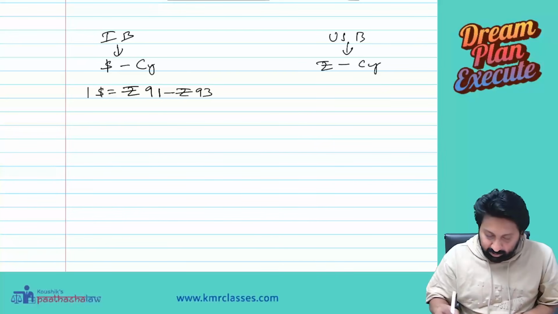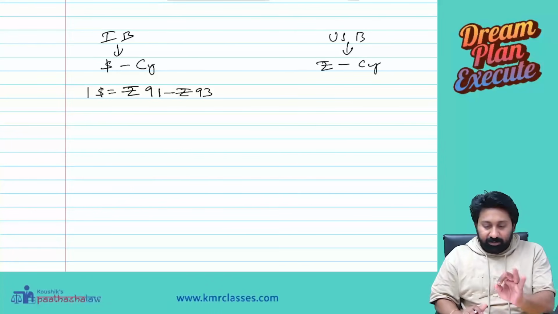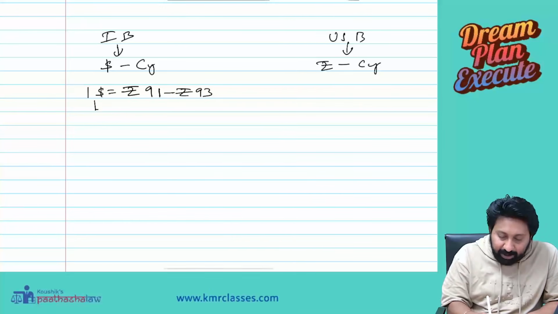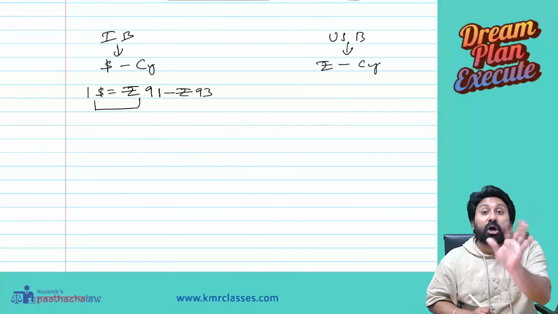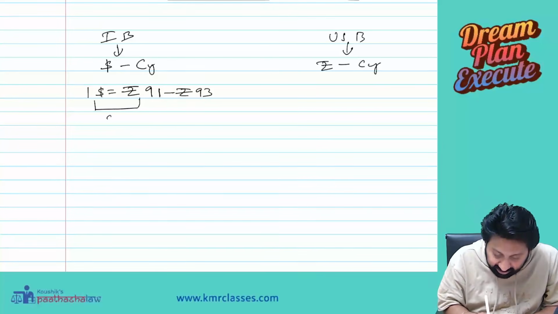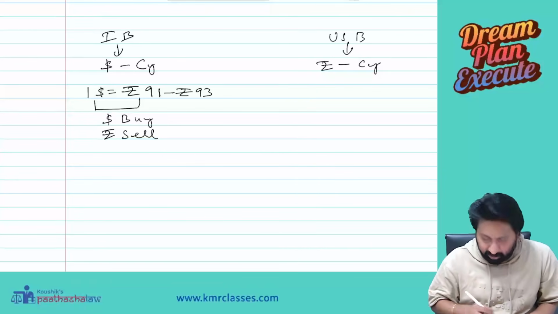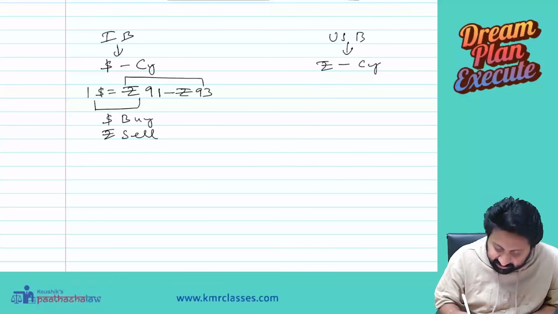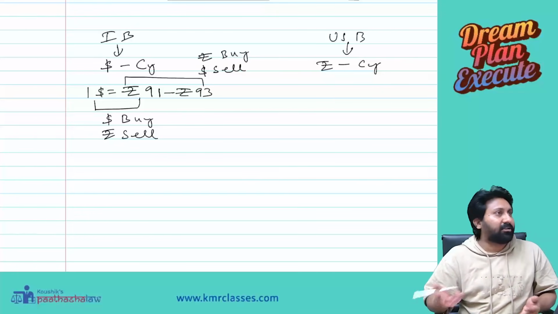Now, listen carefully to this concept first. Tell me, what is the Indian banker doing with this rate, 91? He is buying a dollar. This is a dollar buy, also called a rupee sell. And this is called a dollar sell, or otherwise a rupee buy also happening.